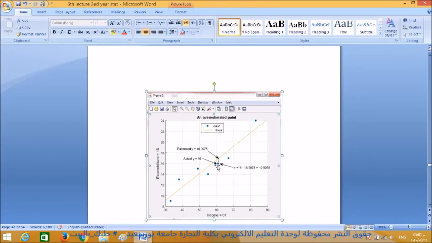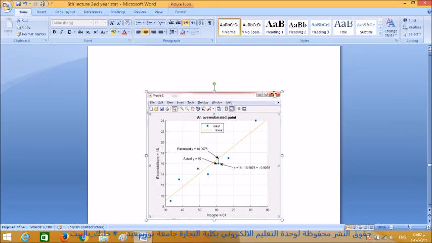Here the real or actual y equals 16 at this point, and the expected value on the line equals 16.9, so the difference represents the error. When the point is under the line, the difference is negative; when it is over the line, it is positive.